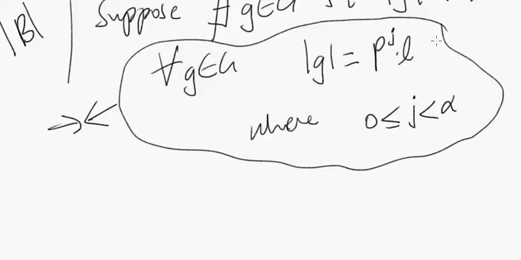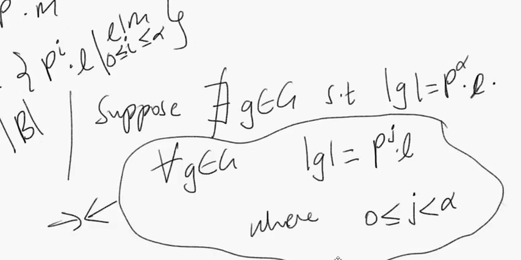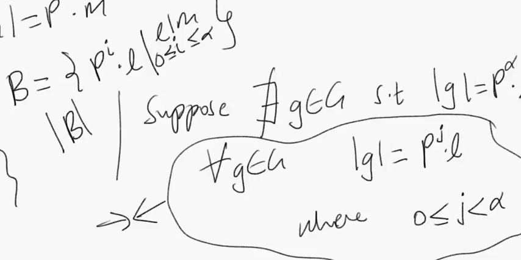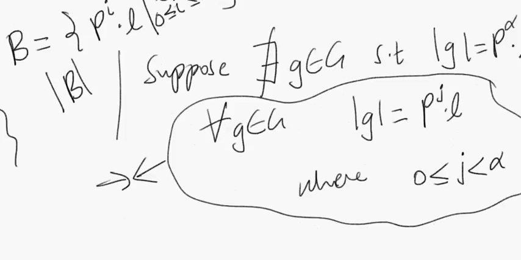The set of all possible orders of subgroups is going to be similar to the set B, which was, if we consider all the possible divisors of the order of the group, what's the cardinality of that set? The cardinality of the set of all possible divisors of the group would give us the cardinality of the set of all possible cardinalities of subgroups of the group.